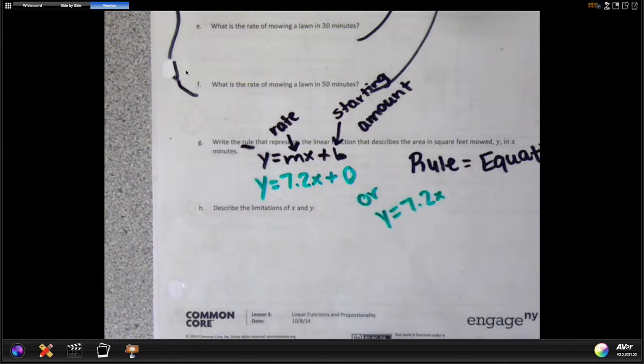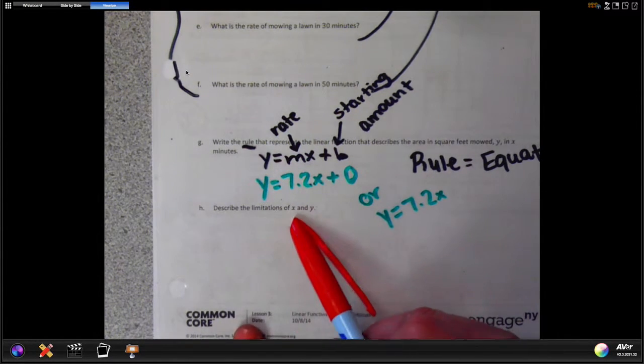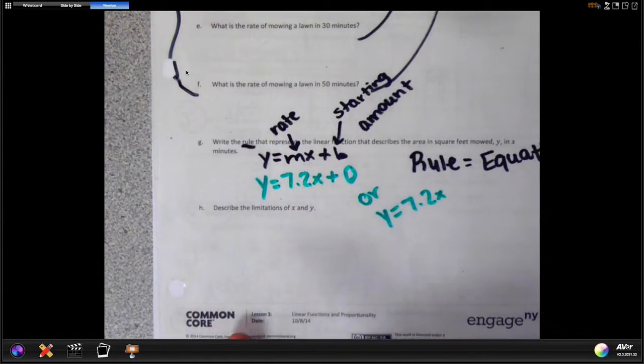Okay, now last but not least on this page, it says now describe the limitations of x and y. And if you recall from the previous lesson, we talked about negative numbers. In this case, that is our limitation. If we put a negative value in for x, we're saying negative minutes. We can't have negative minutes.